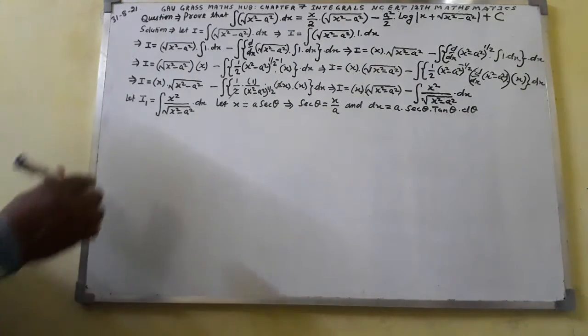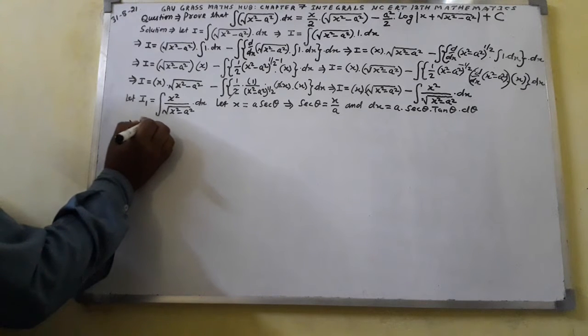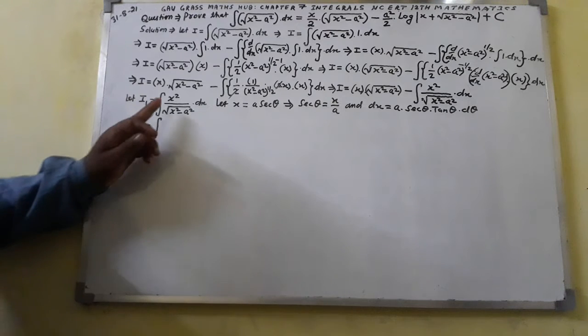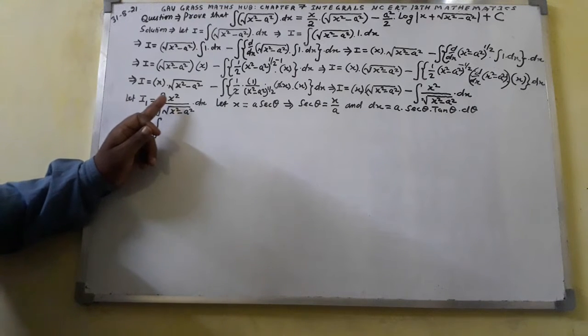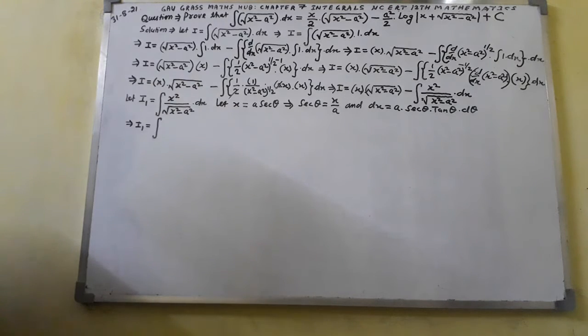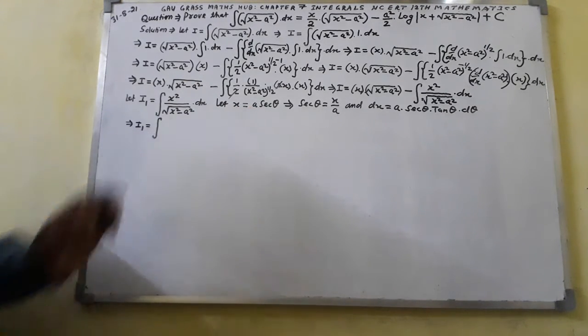Now substitute the value here. It implies that I1 equal to, here in place of x I shall write a dot sec theta. The x square equal to a square dot sec square theta.